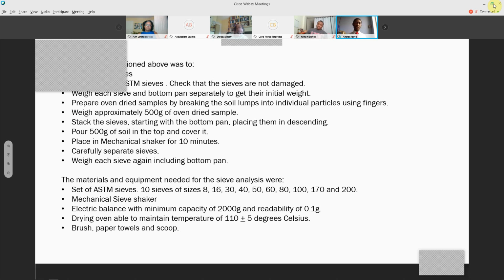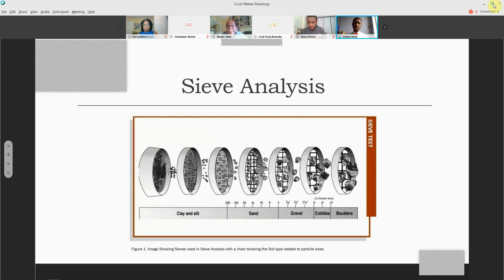So this right here is just an outline of the standard that was used to test the sieve analysis, and also to prepare each of the different samples that we used in this research. For those who don't know what the setup would look like, these right here are the sieves.